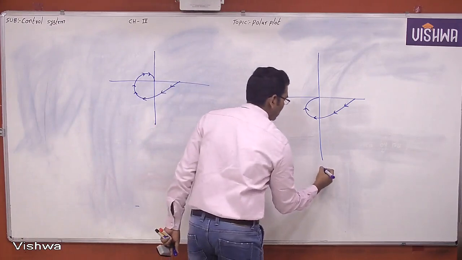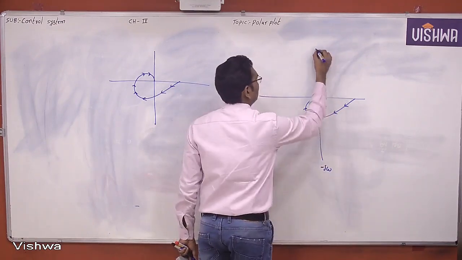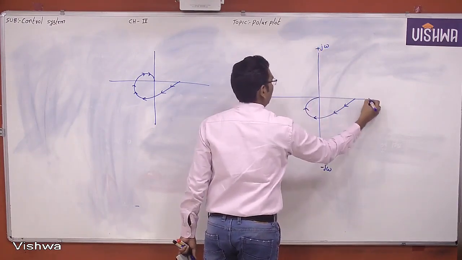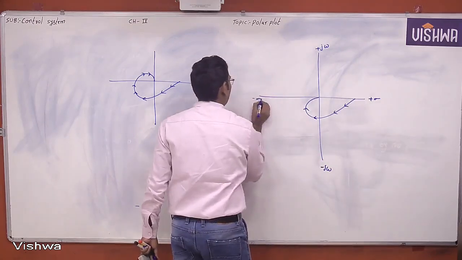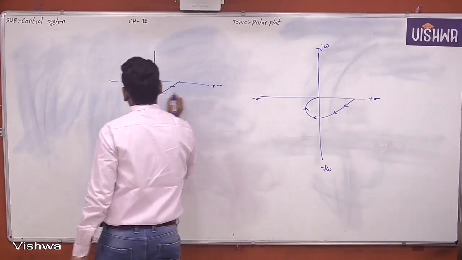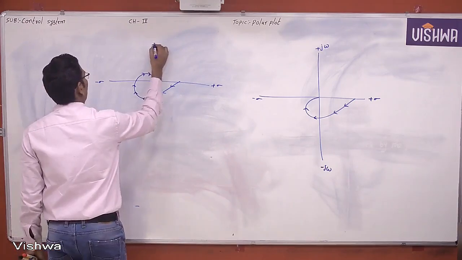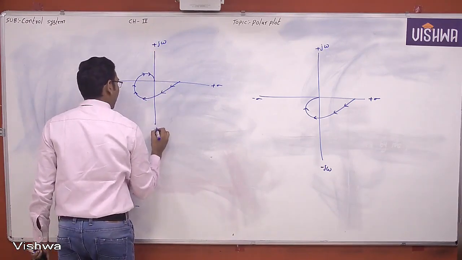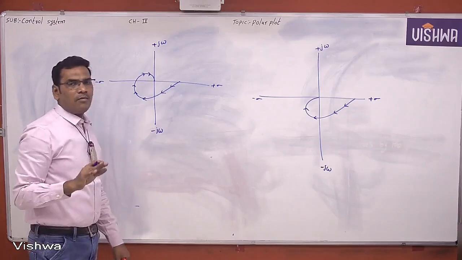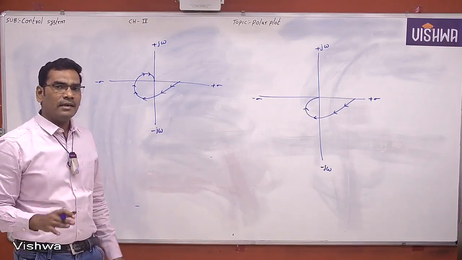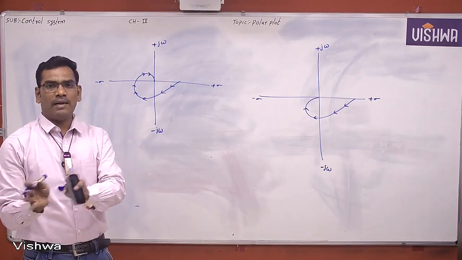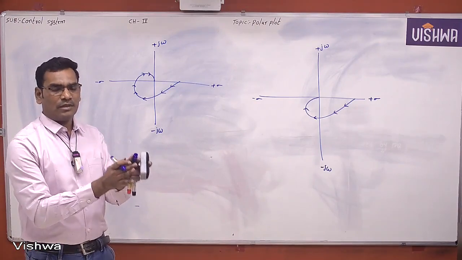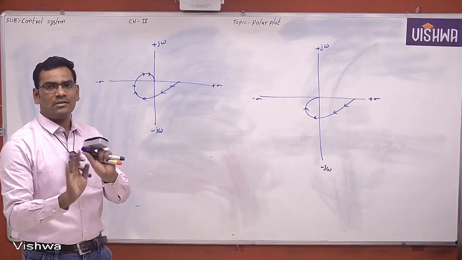This is plus j omega, minus j omega, positive real axis, negative real axis. So far, whatever questions we have covered are transfer function to polar plot, and what the changes are. Okay, that we will cover.